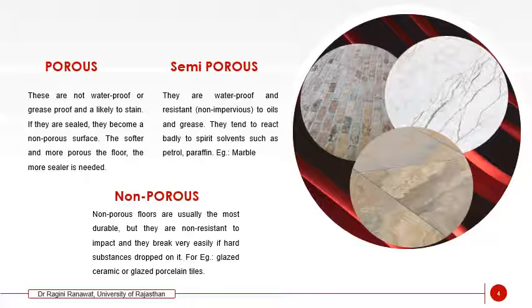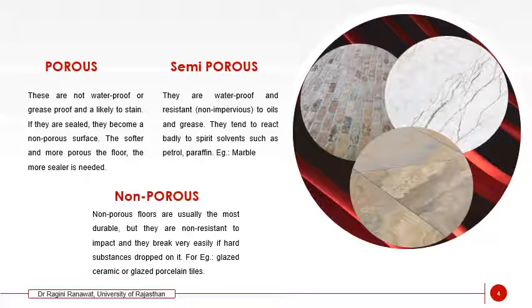However, because they are so hard, this hardness is actually a negative point when it comes to resisting heavy objects. अगर हमने कोई बहुत ही heavy और बहुत ही hard item इन floors के ऊपर अगर हमारे हाथ से गिर जाता है, then it might result in very easy breakage of these non-porous flooring.